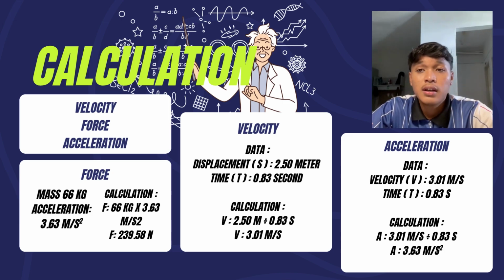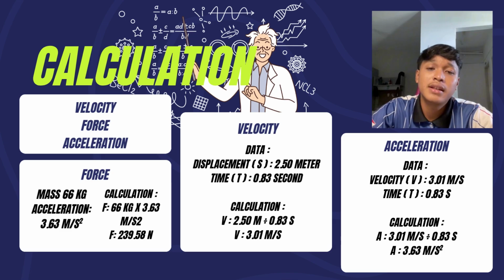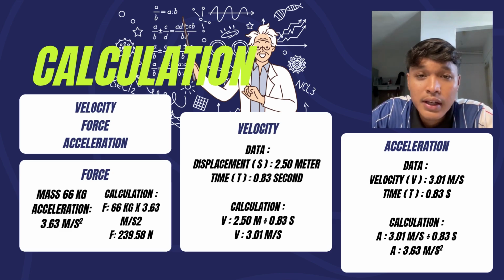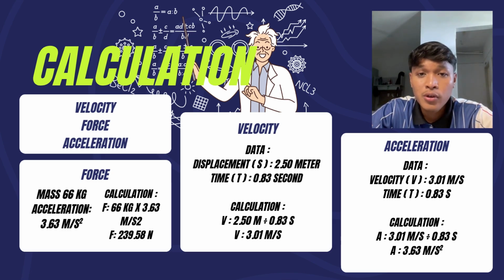Okay, so for the last calculation is acceleration. The formula for acceleration is velocity divided by time. We use the same video which is the same as for force and velocity. We get data which is velocity is 3.1 meter per second and time 0.83 seconds.